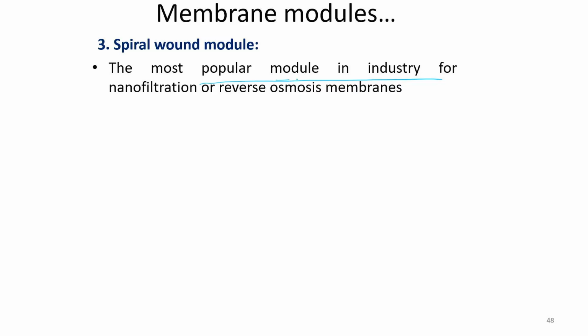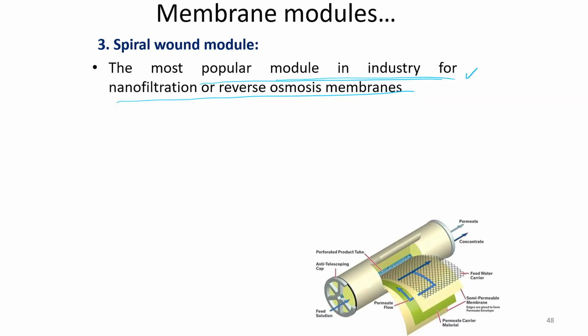So, for nanofiltration or RO membranes, for reverse osmosis or nanofiltration, in the industry we normally prefer this spiral wound mold. So, this is the spiral wound mold.